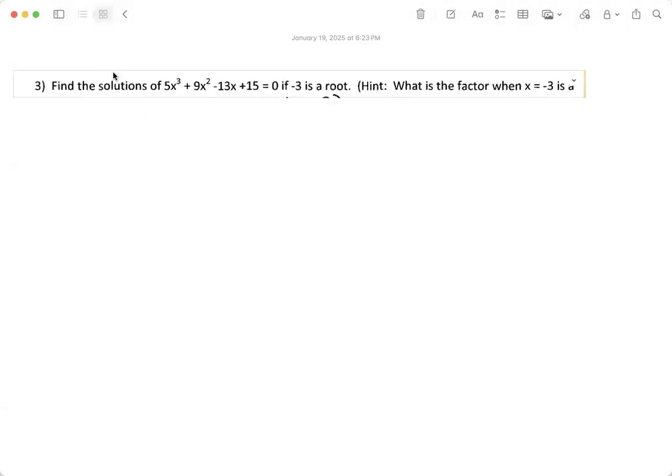Okay, I've given you a polynomial equation now. Maybe this one I can do it for you. X equal to minus 3 is a factor of this polynomial. They've said that minus 3 is a root. What does it mean?